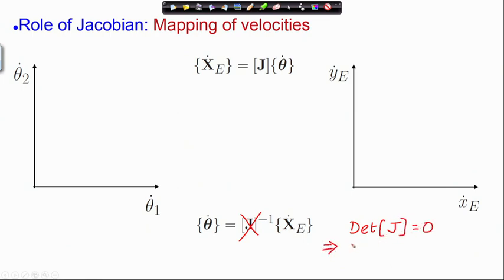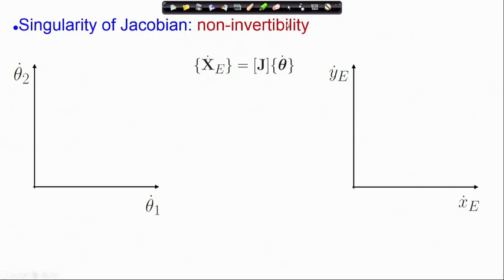So, this implies singularity of the Jacobian, and we also say that is the singularity of the configuration of the manipulator. So, we do not have the inverse relation. So, what do we observe?